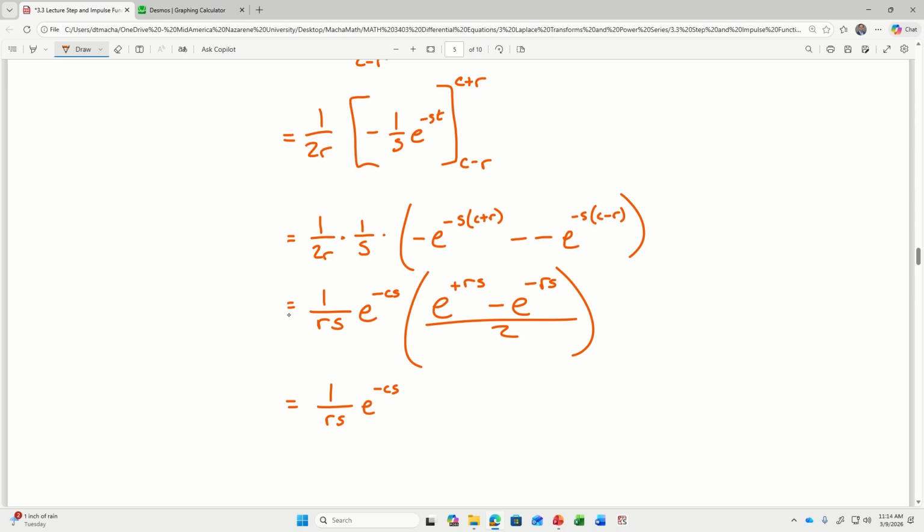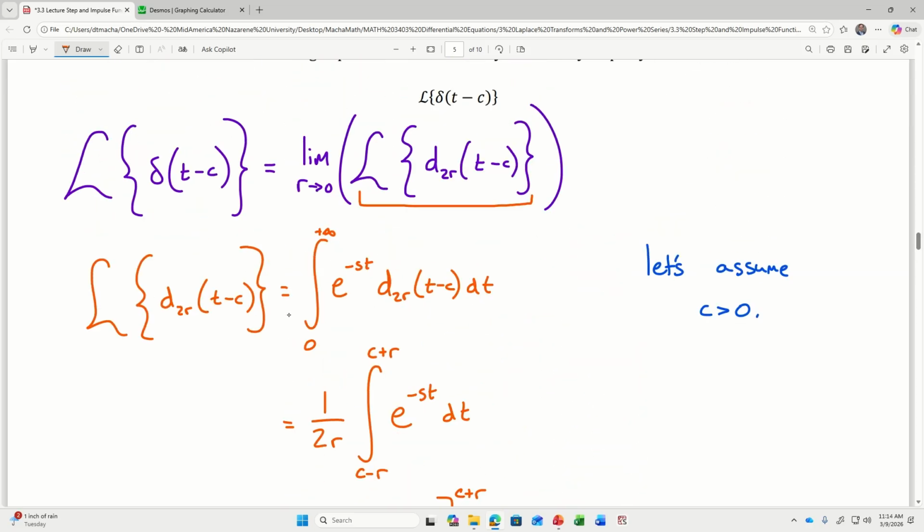But this is the definition of sine hyperbolic of rs. Pretty good so far.